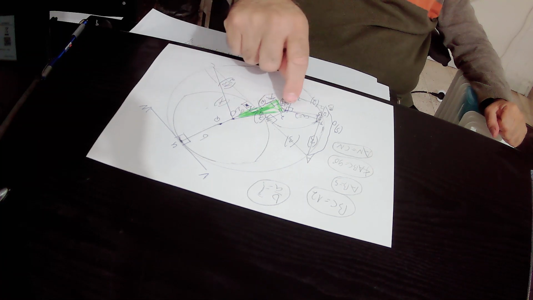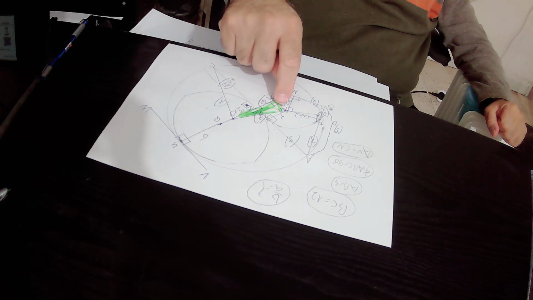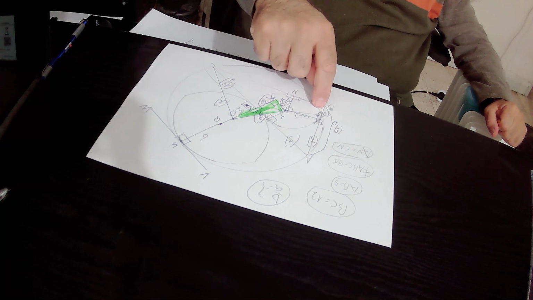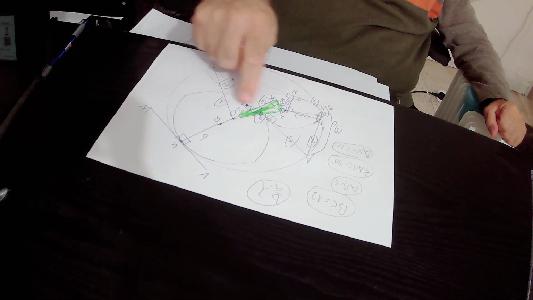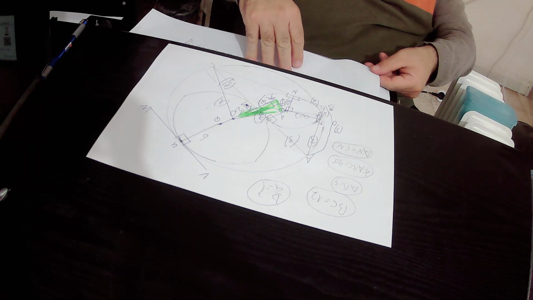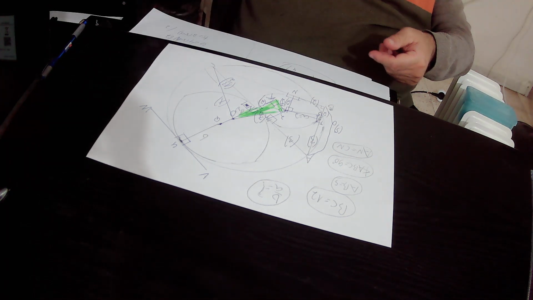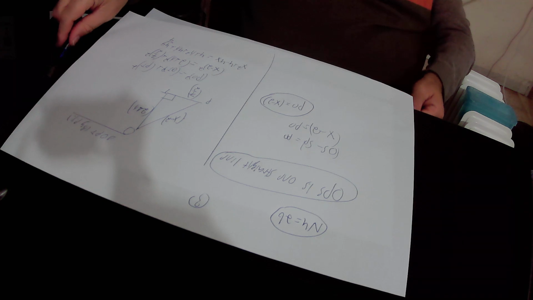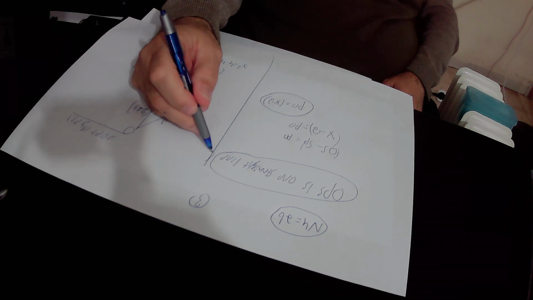According to rule number 9, the straight line OP must pass through point S, that is their touching point. OPS is one straight line according to rule number 9.